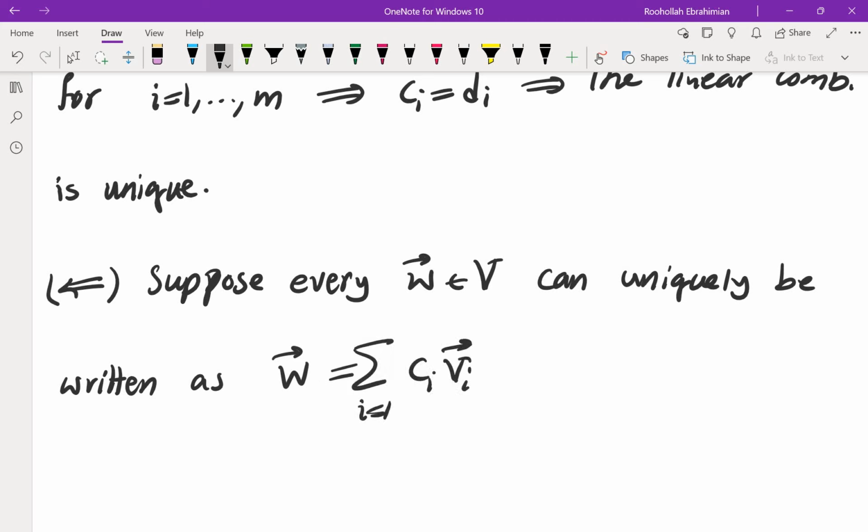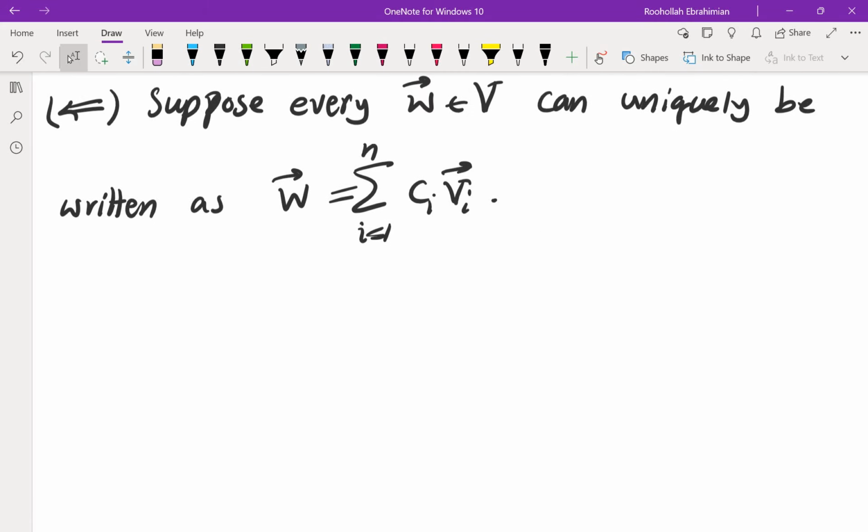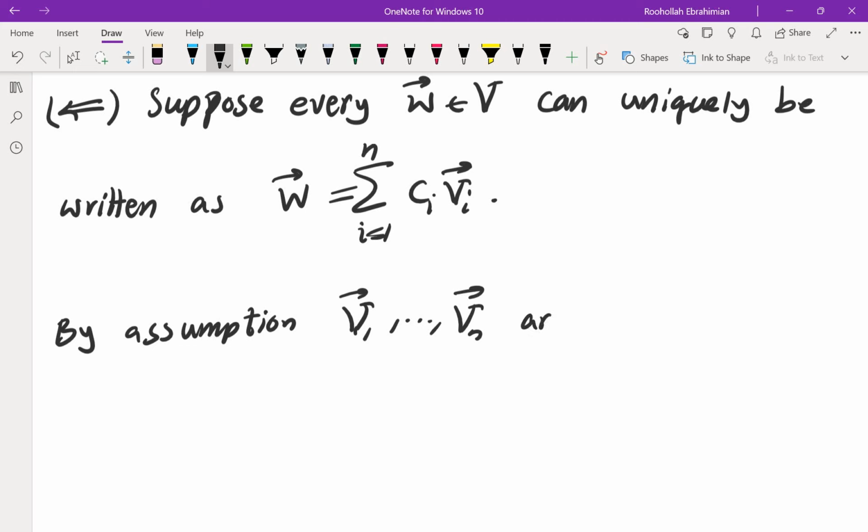Now I want to show that in fact the vi's are linearly independent and spanning. Okay, first of all, since everything can be written as a linear combination of v1 through vn, they would have to be generating. So by assumption, v1 through vn are spanning or generating.